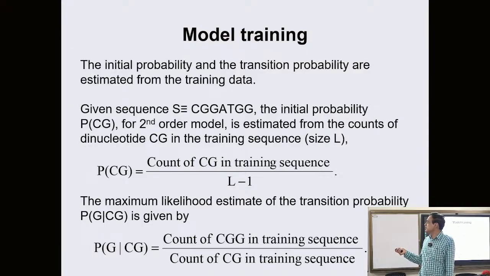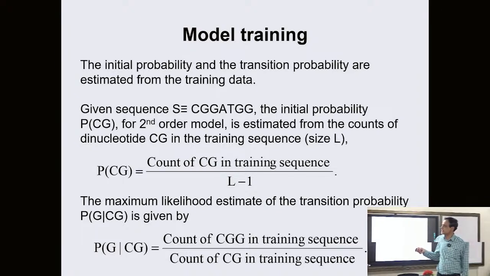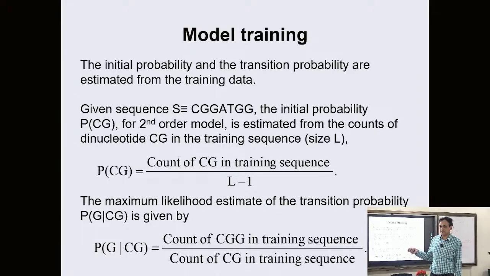So how many total dinucleotides are there in this sequence? All possible dinucleotides: CG, GG, GA, AT, TG, GG. How many in total? 6. Do it again, 6. You said 5? 6.